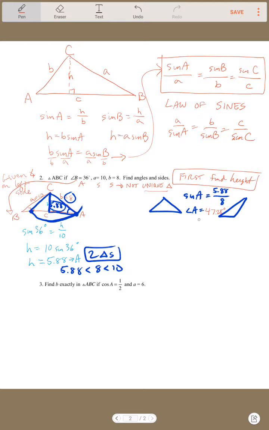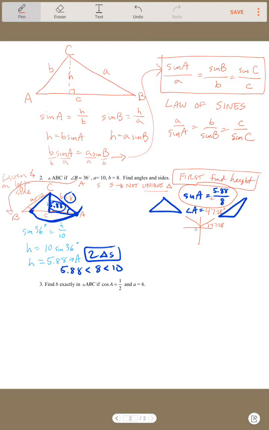Okay, so keep in mind that because of our trig ratio right there, remember, whenever we see this, you draw your unit circle and say which quadrants you're in. Because it's positive, we've got quadrant 1 and quadrant 2. So 47.28 must represent this angle here. That's our acute angle.